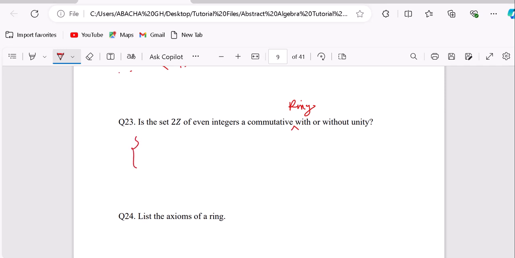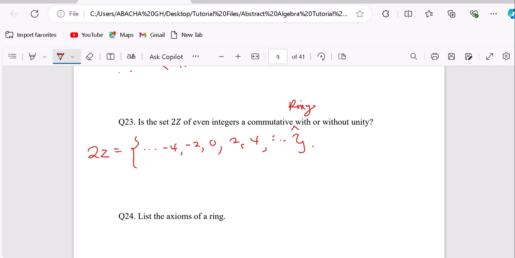You can see that they are maybe ..., -4, -2, 0, 2, 4, and so on. These are the elements of 2z. And they are asking us, is it a commutative ring with or without unity?